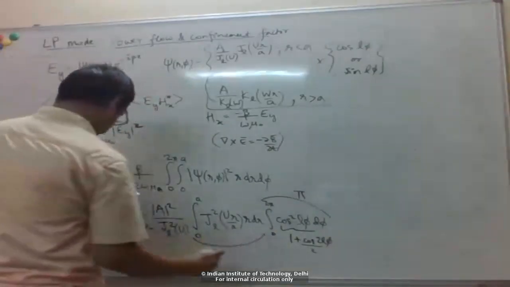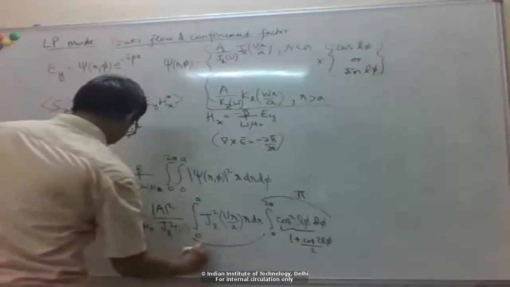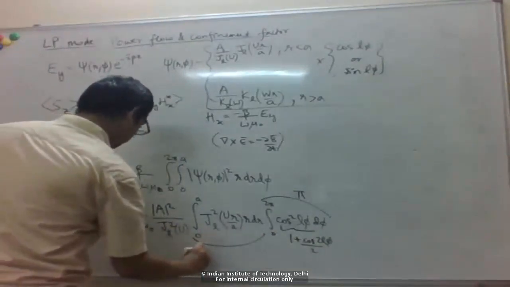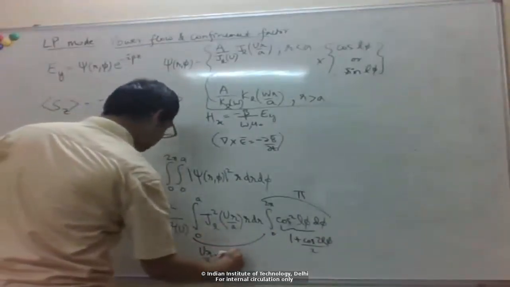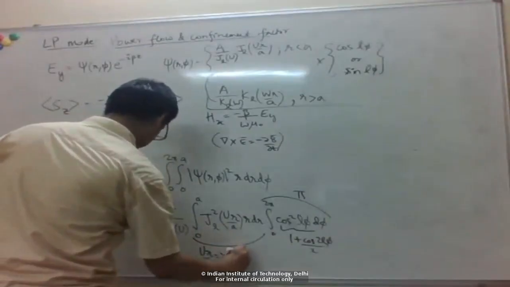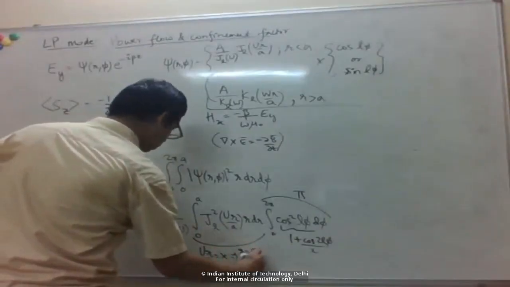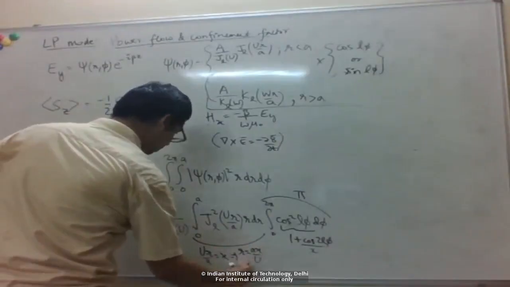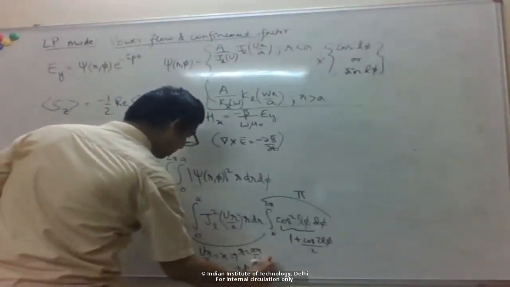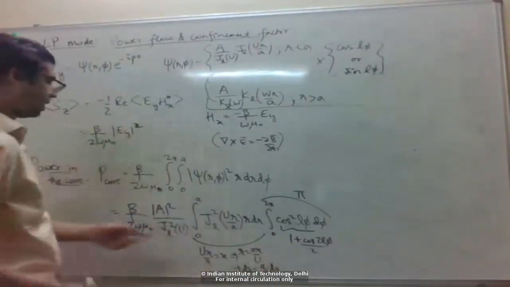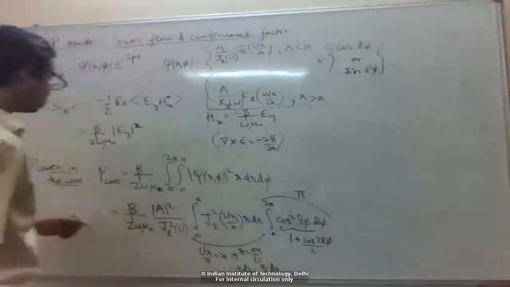Then to evaluate the radial integral, we will change variable. Let's say this argument here, u r by a, is x. So we rewrite this integral in terms of x.